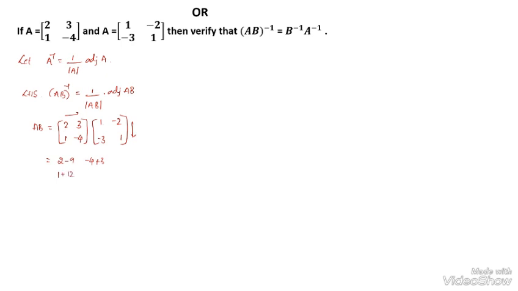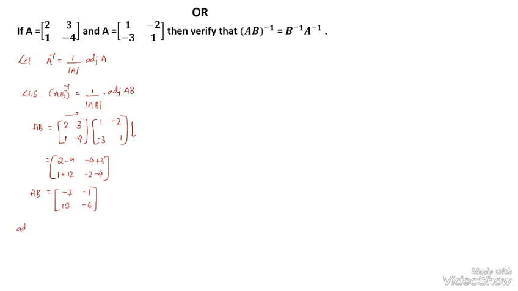Next, 1 into minus 2 and so on, giving 2 minus 9, minus 7, minus 1, 13 and minus 16. This is AB.